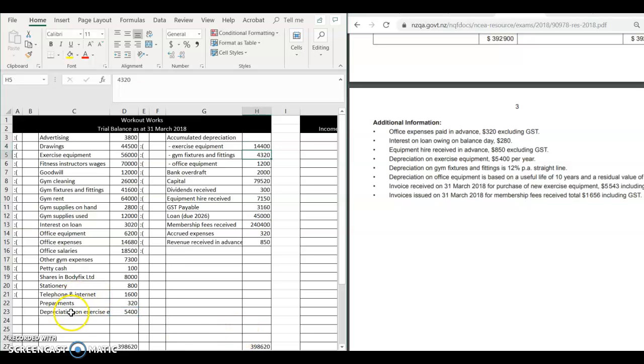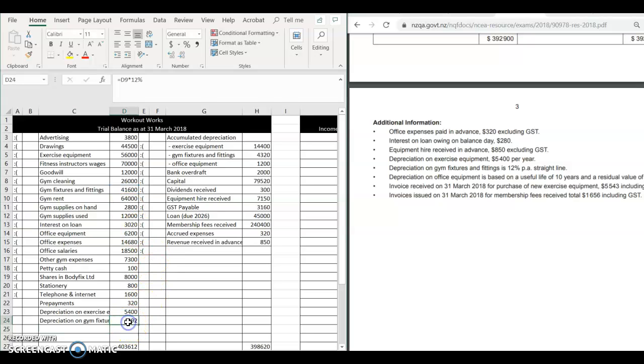And again we balance. Next one is depreciation on gym fixtures and fittings. Again, don't abbreviate. And that's calculated at 12%. So type equals, find your gym fixtures and fittings up here, and times 12%.